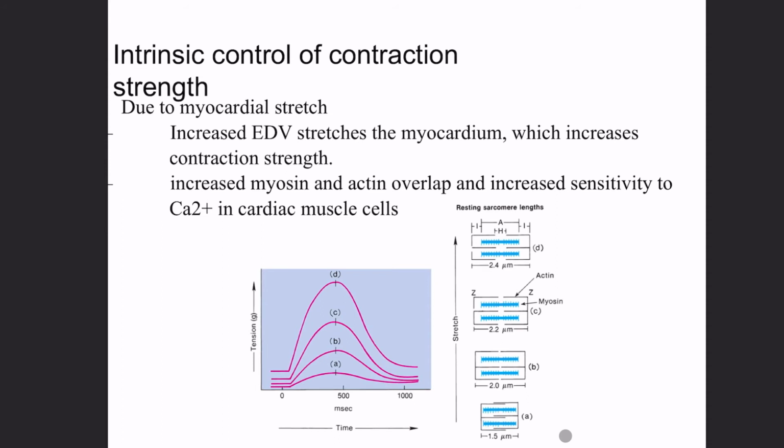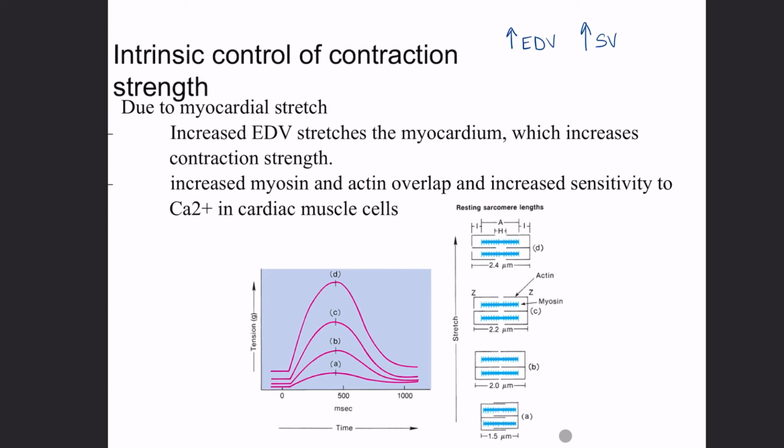And by the way, in that last slide, this correlation between EDV, stroke volume and contractility was independent of the nervous system. It's like they took a heart and kept it going, pumping blood from a bottle, and this heart would increase its contractility whenever there was more blood left over at the end of diastole.